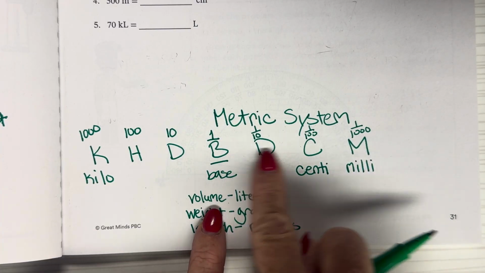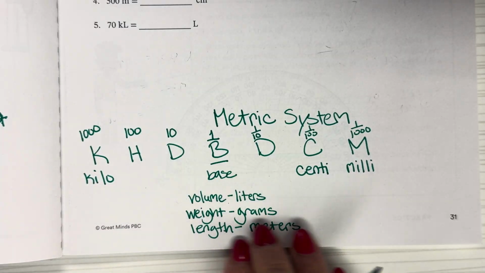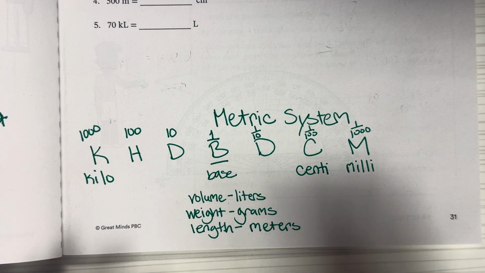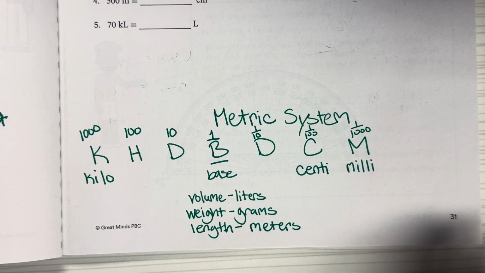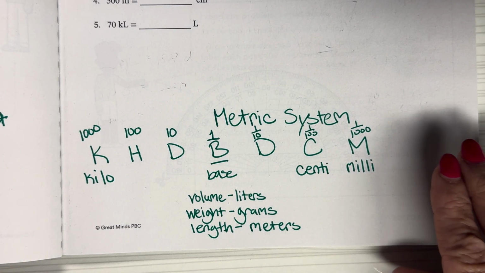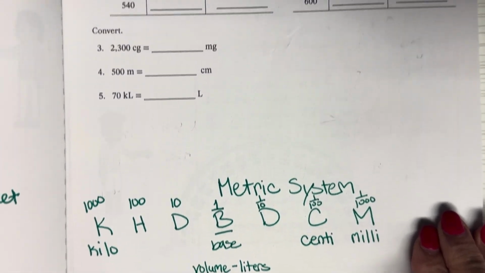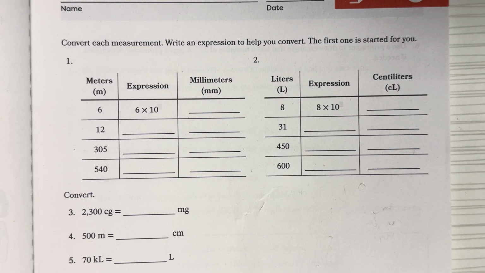So these are smaller and these are larger. But the nice thing is it's all on this base 10 system, and it's a lot easier to work with and memorize than what we had on our other page. Okay, so let's go up and do some of these together now. They say, convert each measurement, write an expression to help you convert.